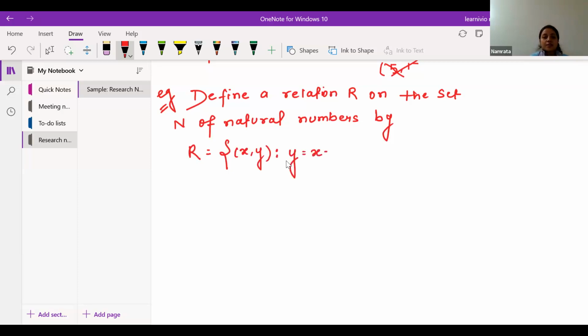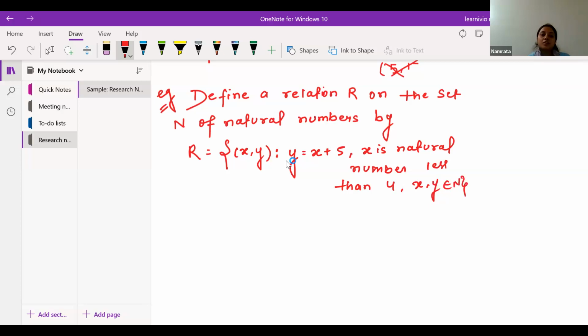Here x is a natural number less than 4, and x, y both belong to natural numbers only. So this is the given relation. Let's write it.